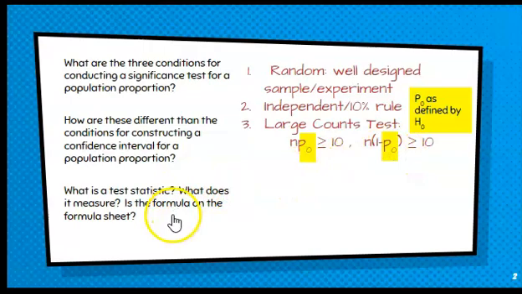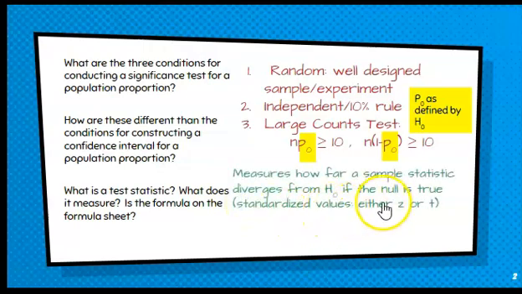And the third question is, what's a test statistic, what does it measure, and is it on the formula sheet? Well, it measures how far a sample statistic diverges from the null hypothesis if the null is true. We're going to use two test statistics in this course, a z statistic and a t statistic. We've calculated these before, but it's either going to be z or t, and I'll show you when to use which one.